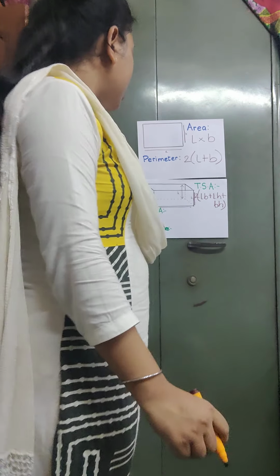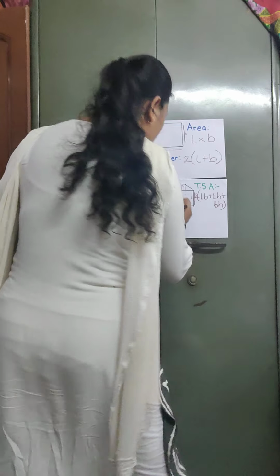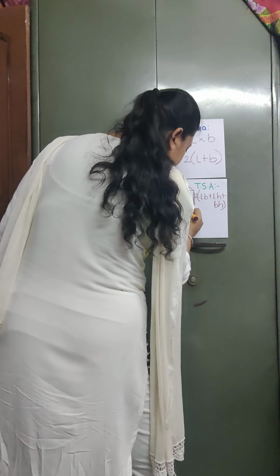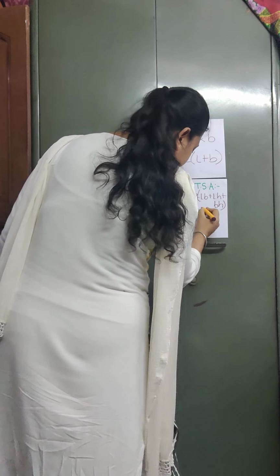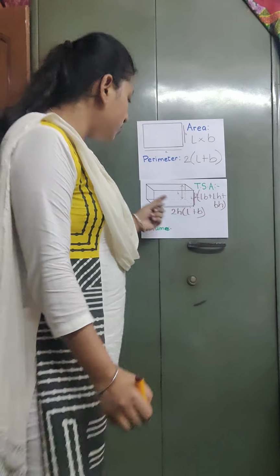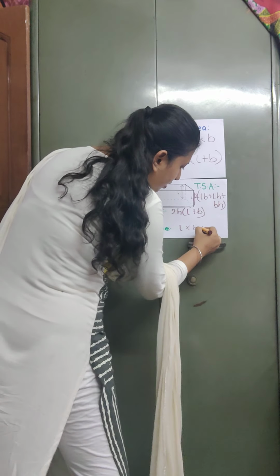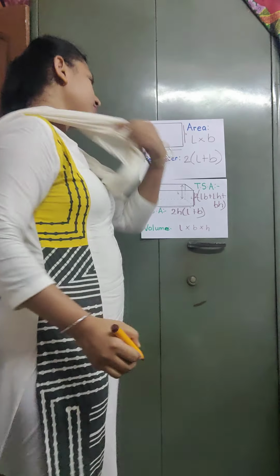Now the curved surface area of a cuboid will be 2h, with h in common, into L plus B. The volume of a cuboid is length into breadth into height.